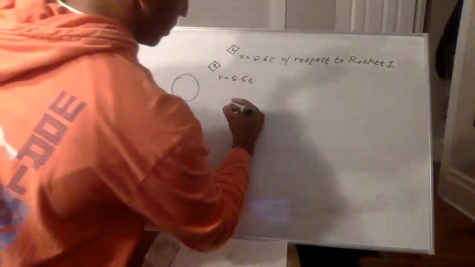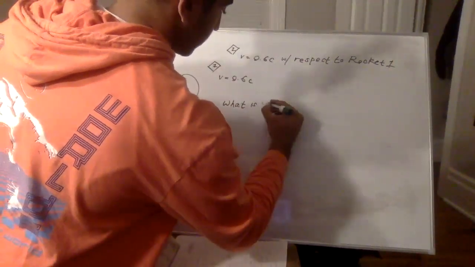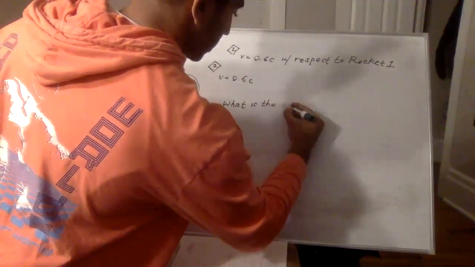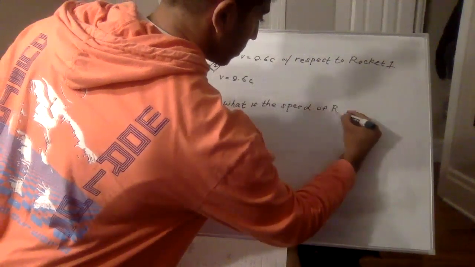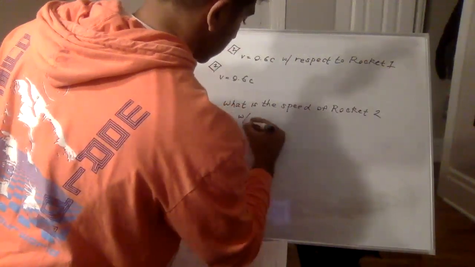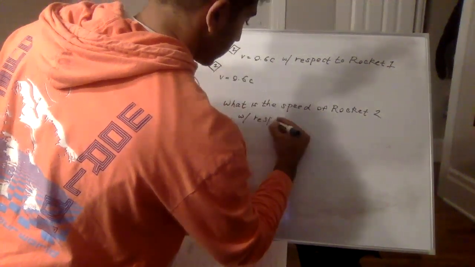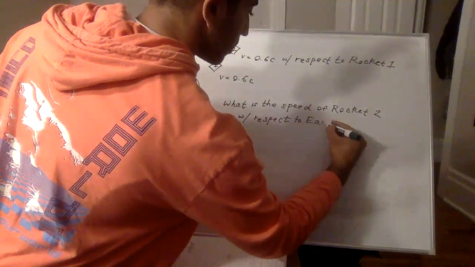So what is the speed of rocket 2 with respect to Earth?